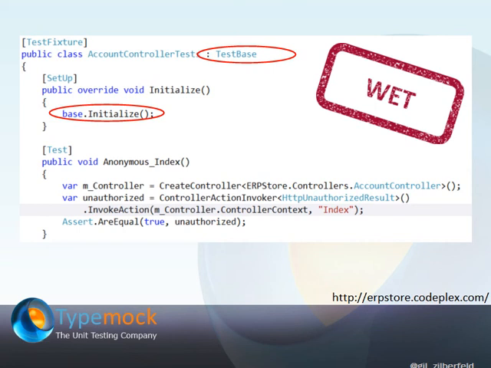I basically have these 3 lines in the anonymous index test, and from this I need to understand if what's going on is okay or not. And that's hard to do. The reason it's hard is that most of the setup is not done here.